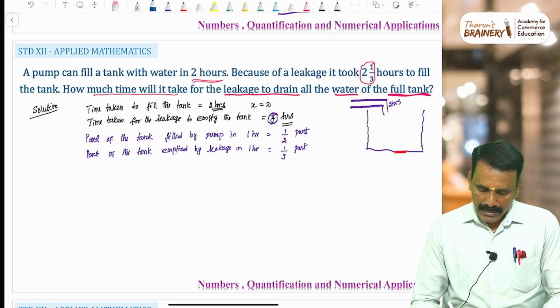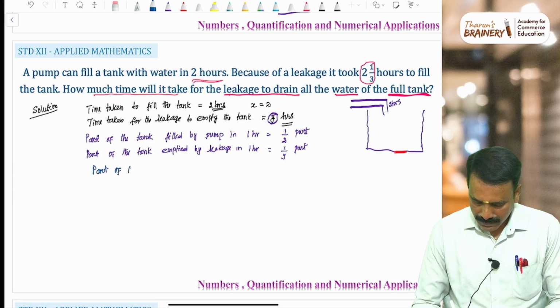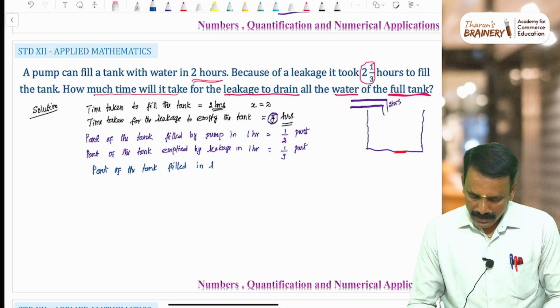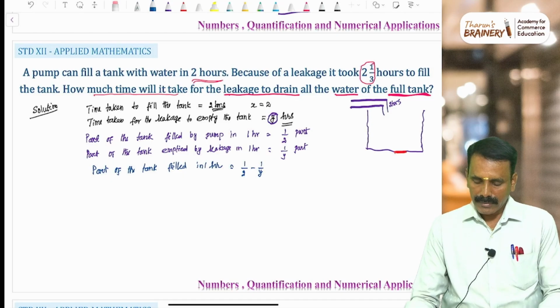Now we are going to calculate the part of the tank filled together. Filled in 1 hour will be equal to 1 by 2 minus 1 by y.